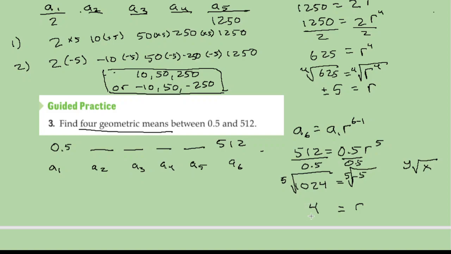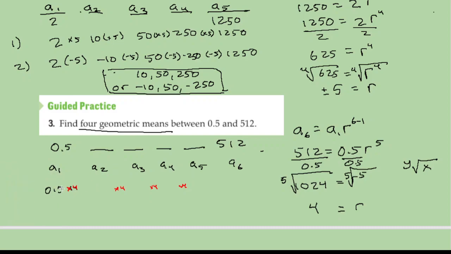So if R is 4, that means to find my terms, I'm going to go 0.5 and multiply it by 4. I'm going to switch colors and use red. I'm going to go times 4 and just put that between all these. Times 4, times 4, times 4, and then we'll get our answers.